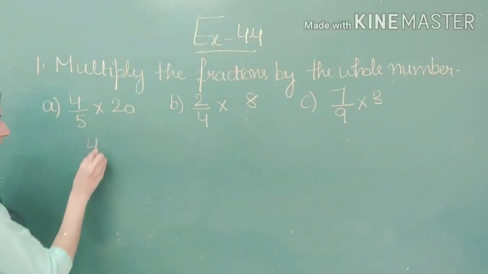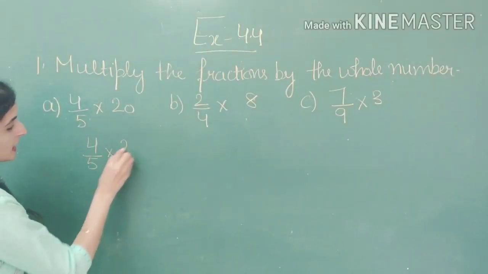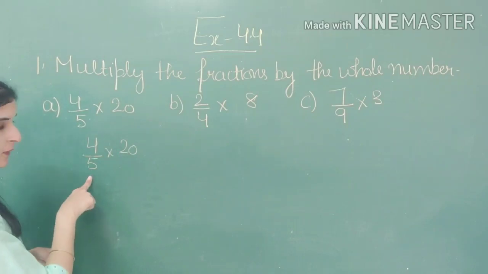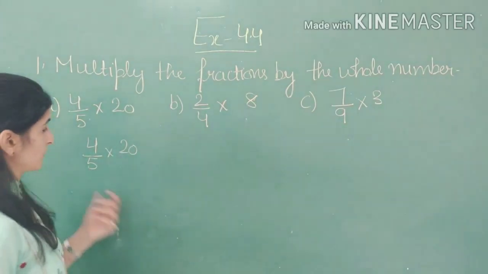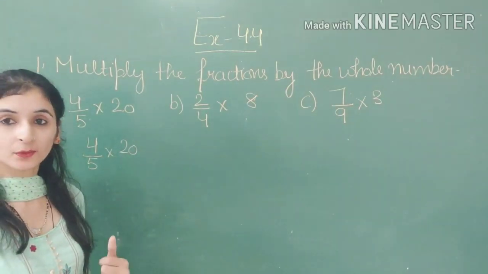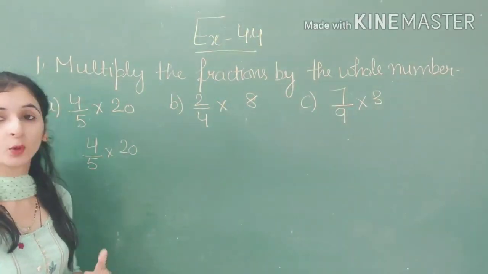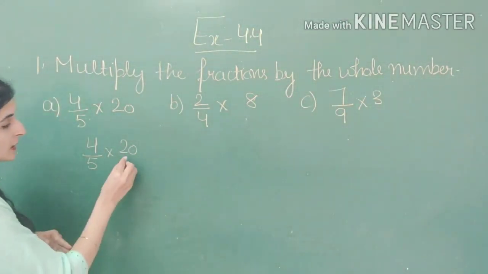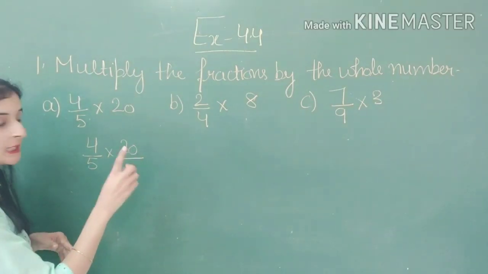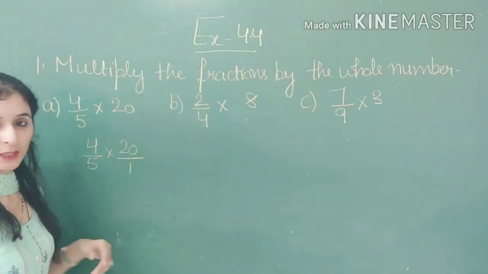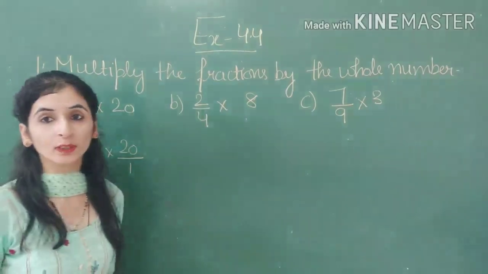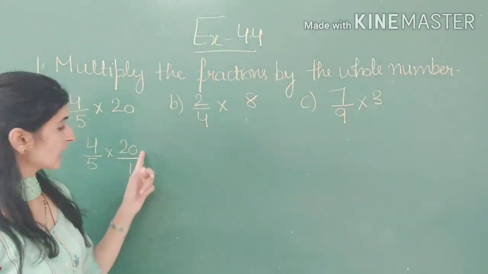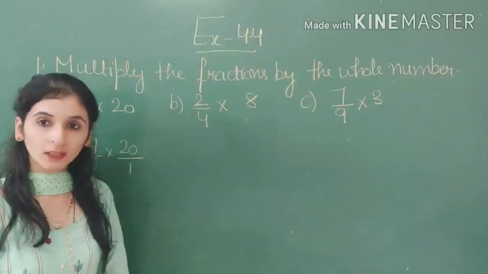So children, as we all can see, this 5 and 20 both are divisible by 5. 5 and 20 both have common factor 5. First of all, we will write this 20 as 20 by 1 because 20 by 1 is equal to 20 itself.